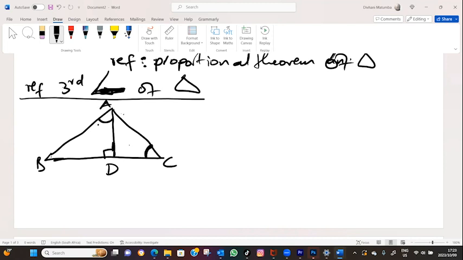It is very easy to prove. Now, we still need to find out more about this theorem.